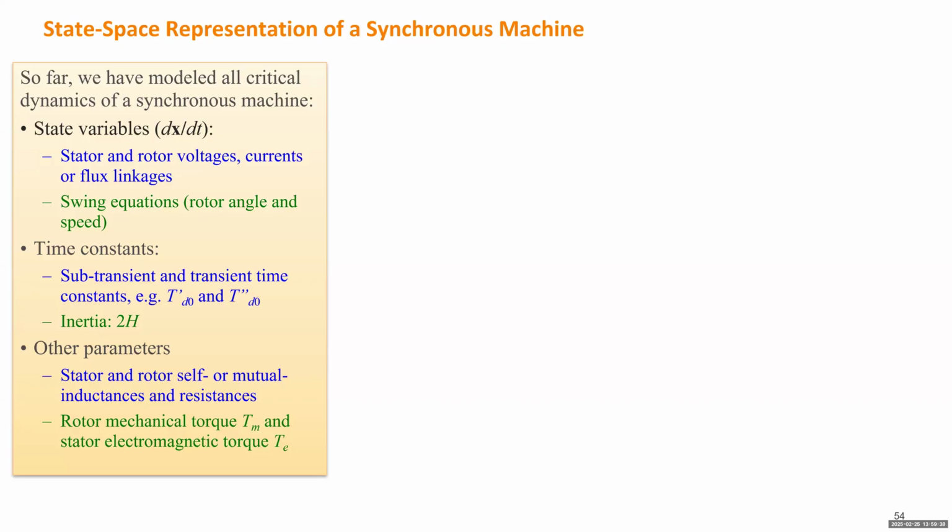So how can we integrate all those equations, variables, and parameters into the same model? If we use a salient pole machine as one example, we have 5 windings. For the stator, we have d and q. And for the rotor, we have 1F, 1D, and 1Q.